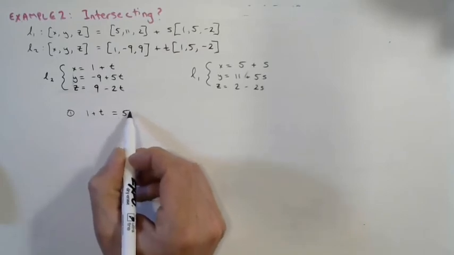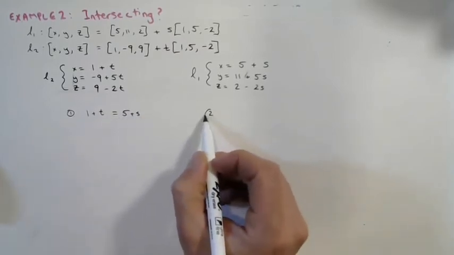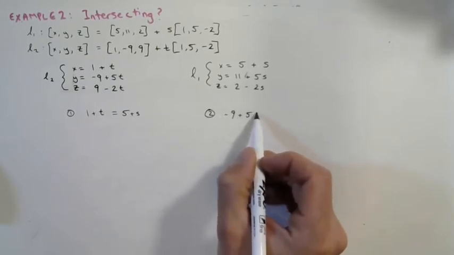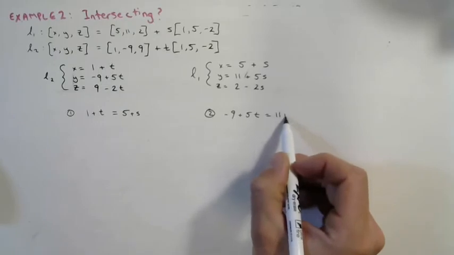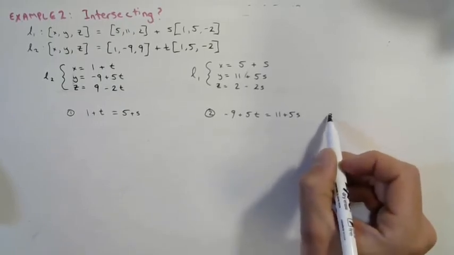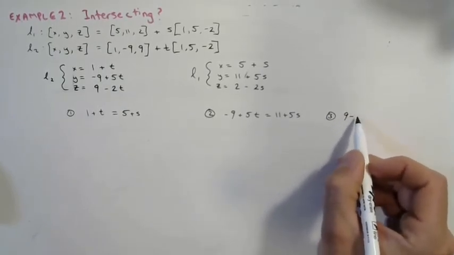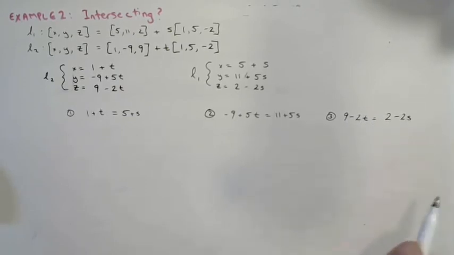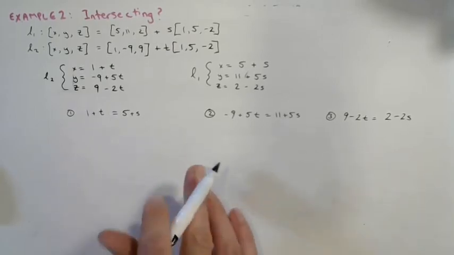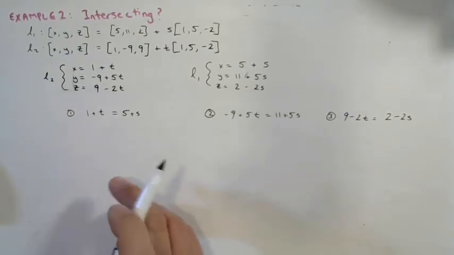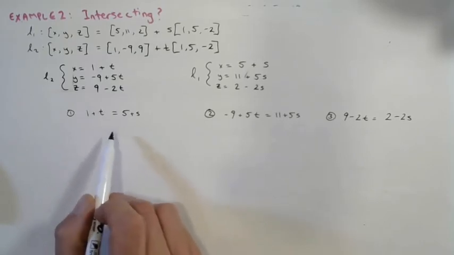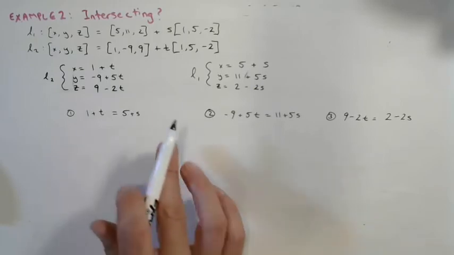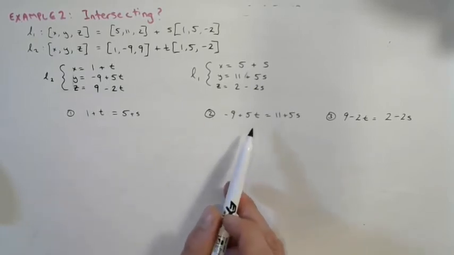1 plus t equals 5 plus s. And you'd reduce that. You'd have an equation that sets the y's equal to one another: negative 9 plus 5t equals 11 plus 5s, and a third equation with 9 minus 2t equal to 2 minus 2s. Then you would use two of the equations, put the variables all on one side and the value on the other side, and use substitution or elimination to solve for either t or s.